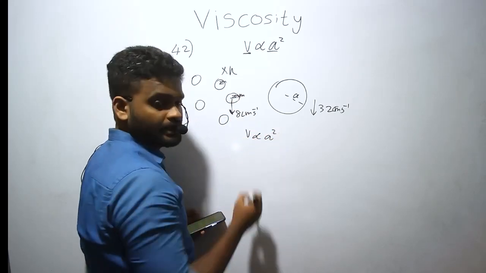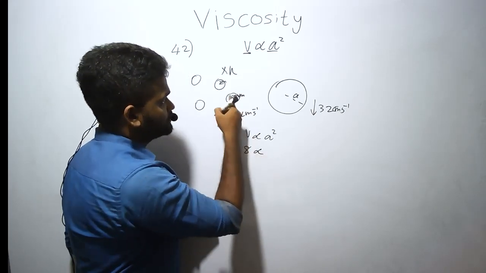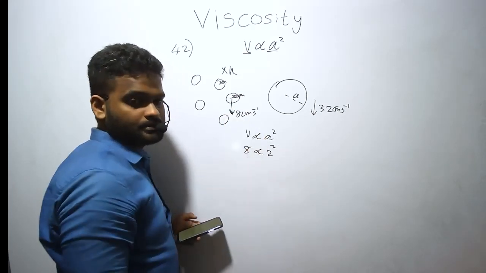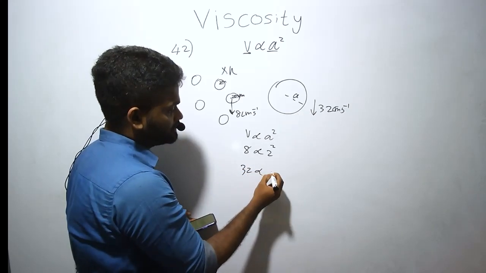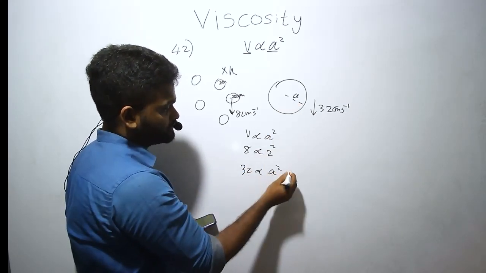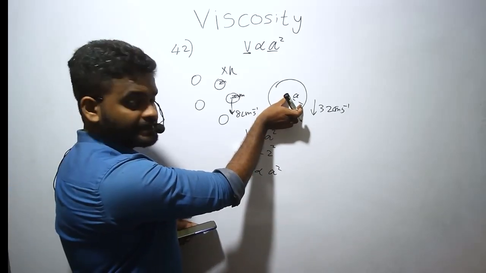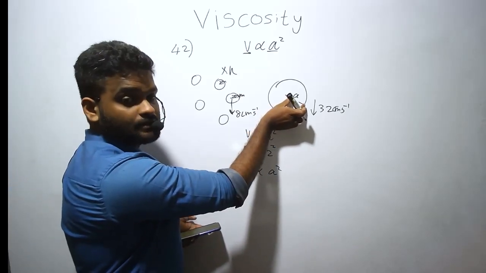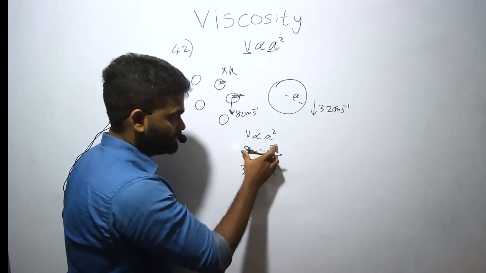So I'll apply this here. V is proportional to A squared. So here velocity 8 is proportional to A squared, meaning 2 squared. If you apply the second case, 32 is proportional to A squared. So using these two, you can find the radius of this sphere. I'll just divide this one by this one.